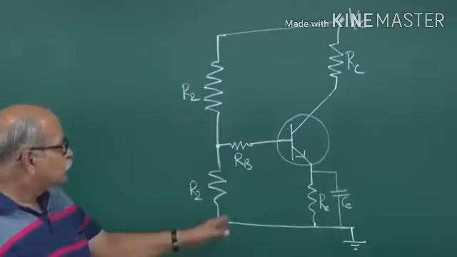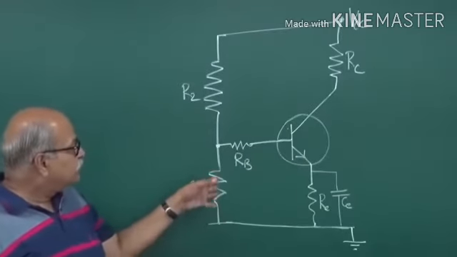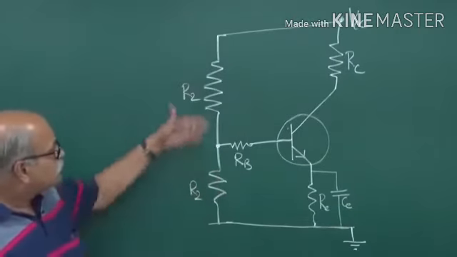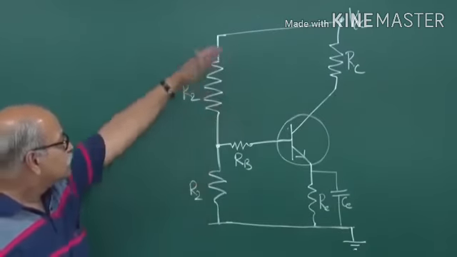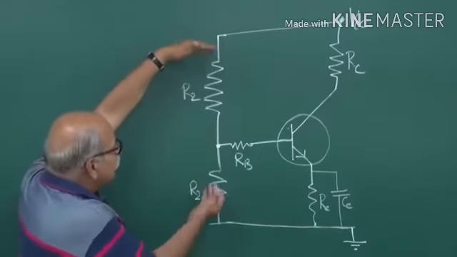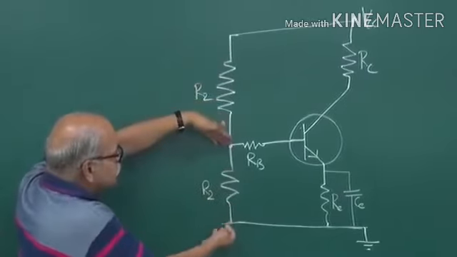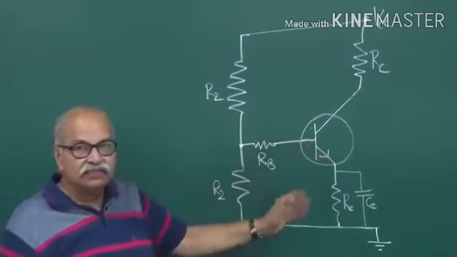In that case I am not using another battery, that VBB is taken from this potential divider itself. So this whole thing is VCC, and then part of it is here, part of it is here, and this part is going into this.